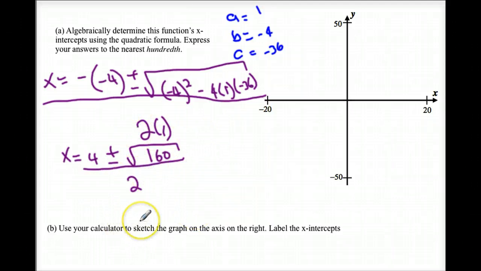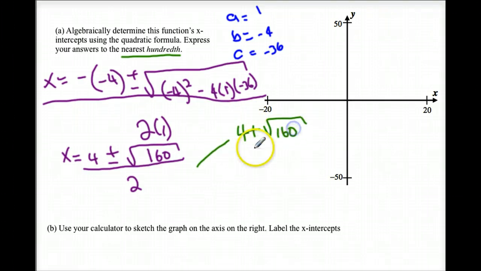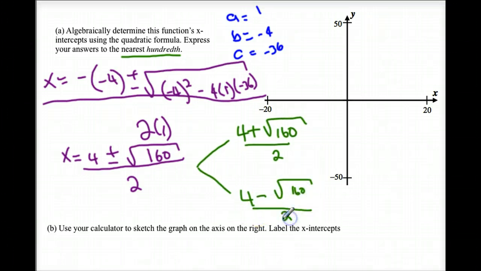Now that you have this, remember, what did we ask for? Simplest? No, we're asked for nearest hundredth. So that means I need to round this to 2 decimal places. So remember, when I have this, I need to split this up. So I can get 4 plus square root of 160 over 2, or 4 minus square root of 160 over 2.